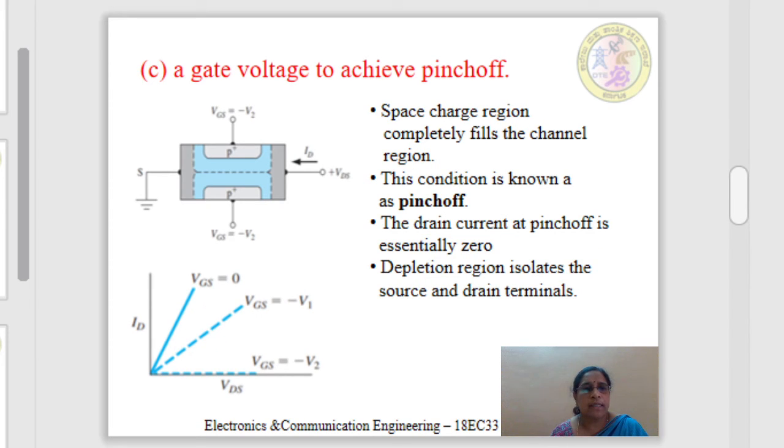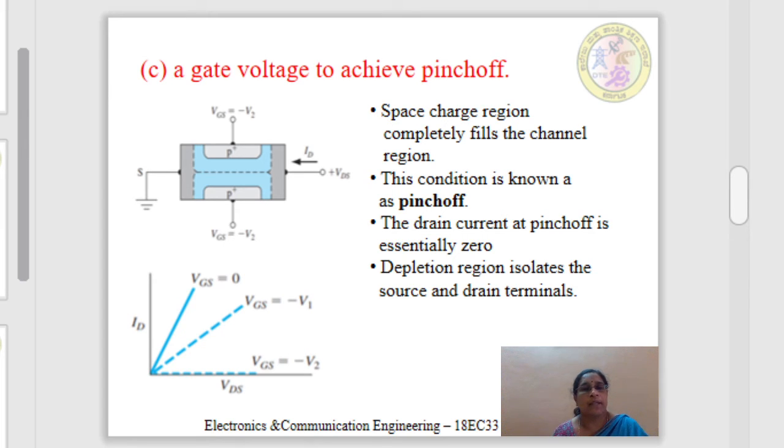Now in the third condition we will see what happens if the gate voltage is still increased. When the gate voltage is still increased, the depletion region or the space charge region is going to grow in size, and its width increases till the point where the channel is blocked. That is for some values of gate voltage, say for example minus V2 volts or minus V3 volts. When a sufficient reverse bias is applied, the width of the space charge region is so high that it has completely blocked the channel.